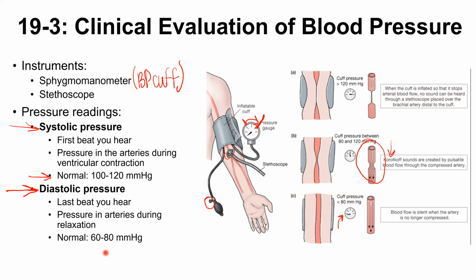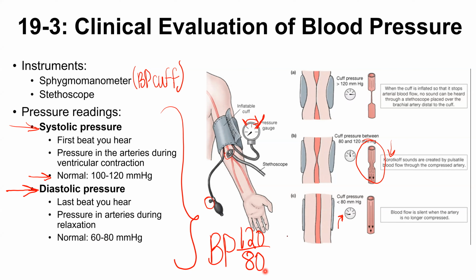Then you take these two numbers and, as you probably have seen before, blood pressure is written as, maybe 120 over 80 or 100 over 60.